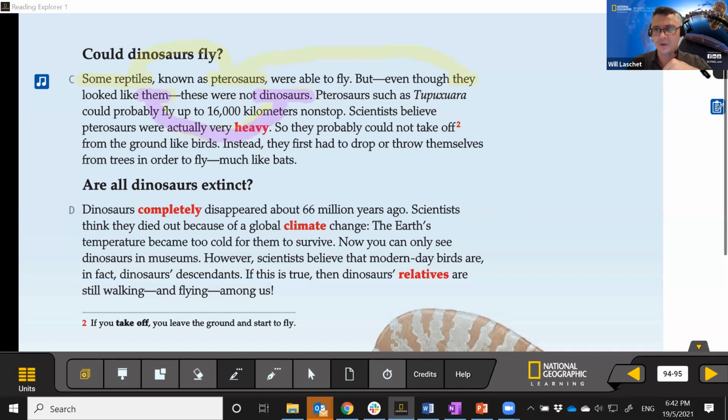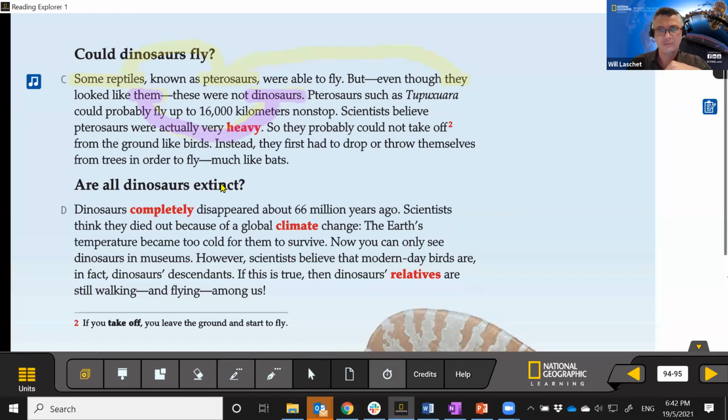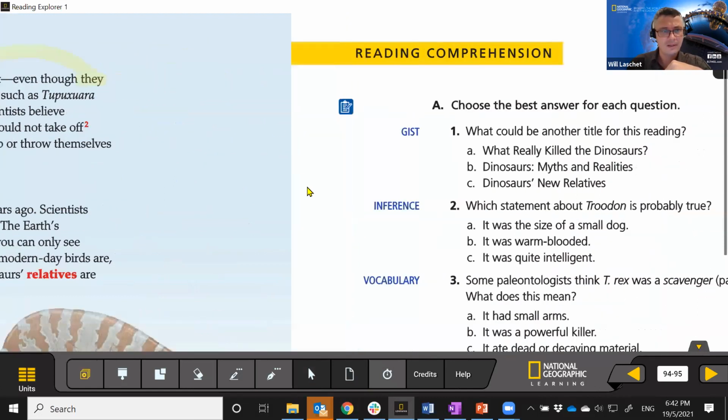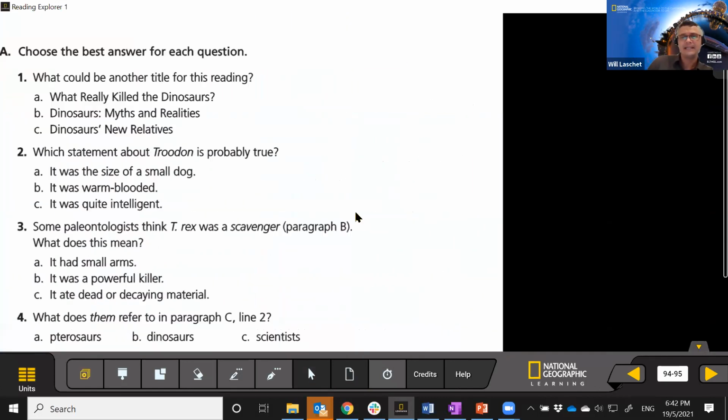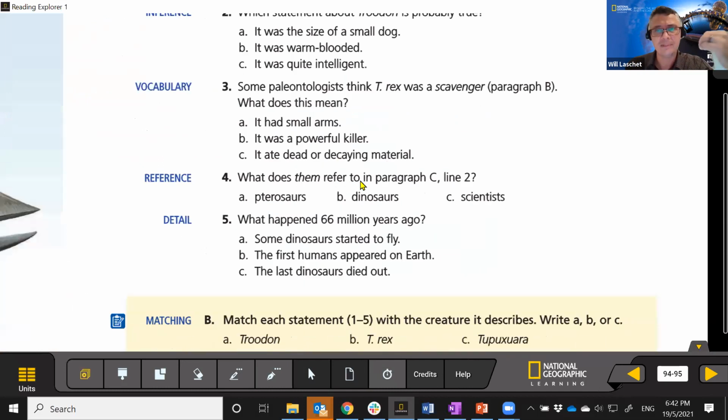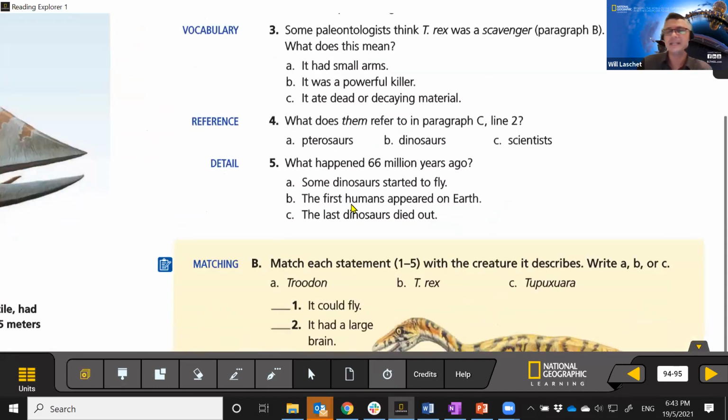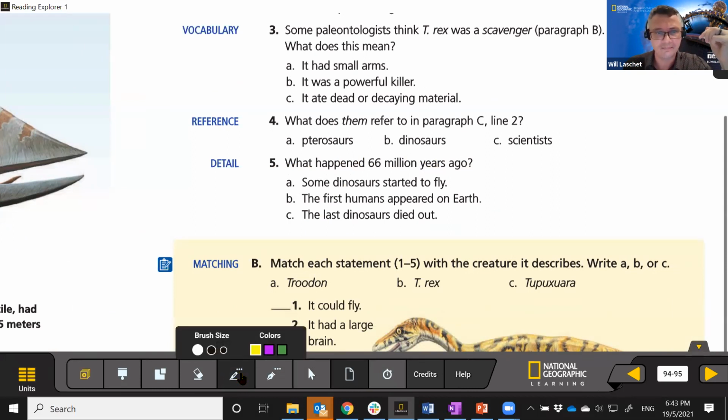Okay, great. Let's have a look at one more. So move back over here. The last one is this detail question. It says, what happened 66 million years ago? I said here we're going to practice our scanning. So in the question, what's the key word that we're going to look for when we try and find the answer? 66 MYA.